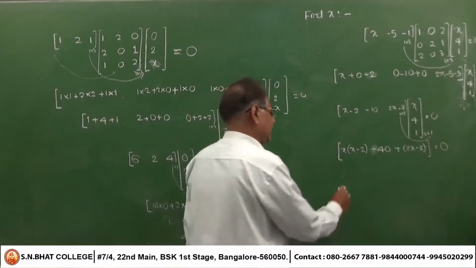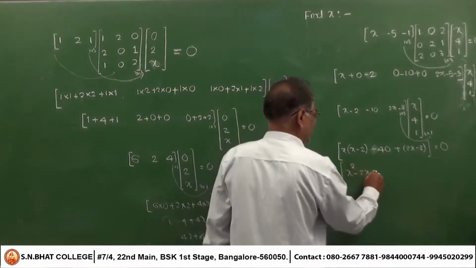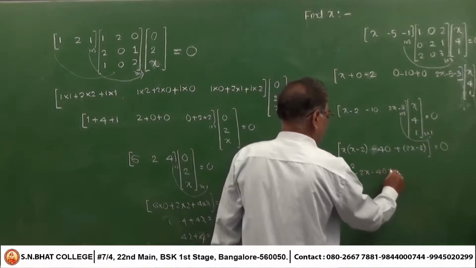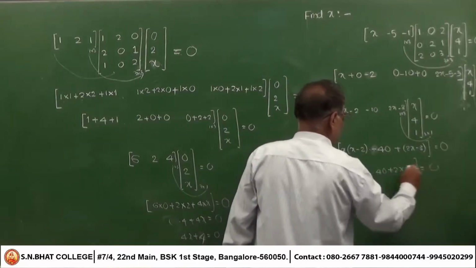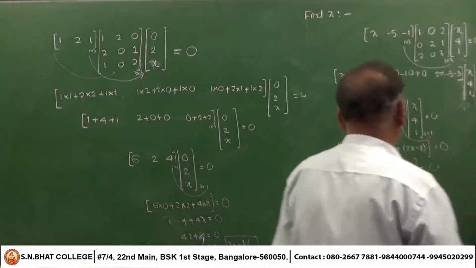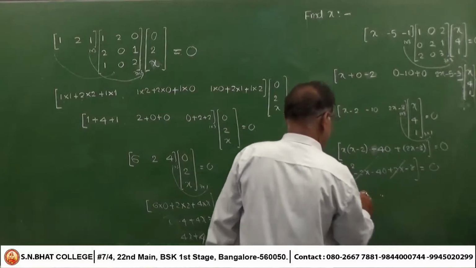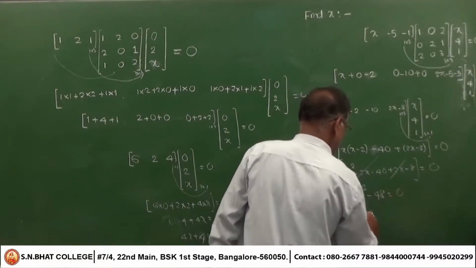This is x square minus 2x minus 40 plus 2x minus 8 is equal to 0. Plus 2x minus 2x get cancelled. This is x square minus 48 is equal to 0.